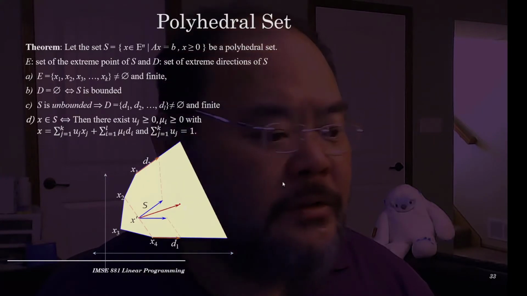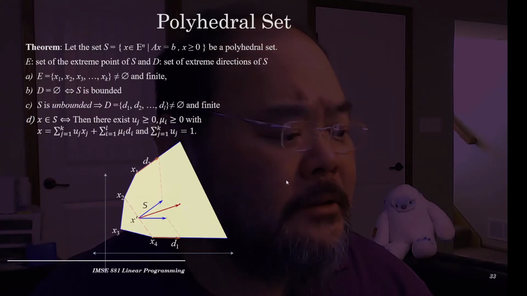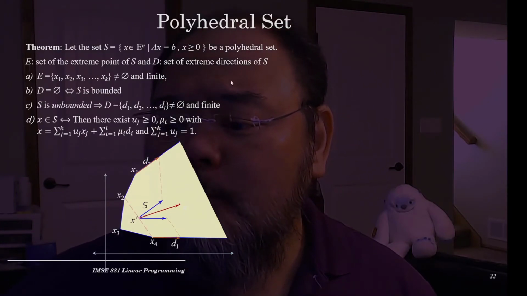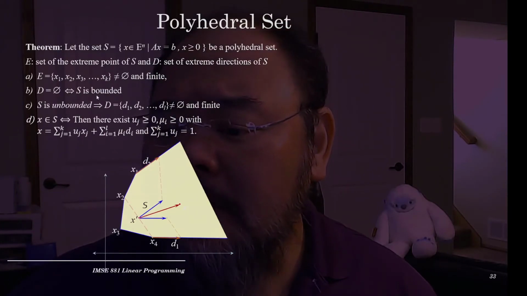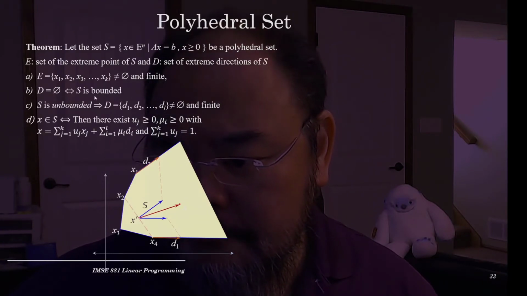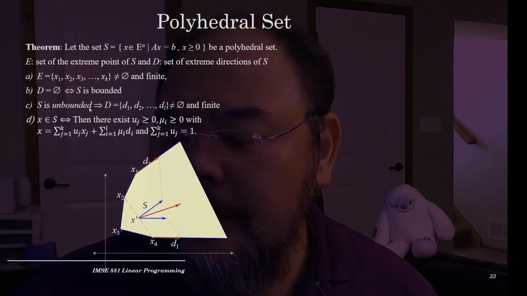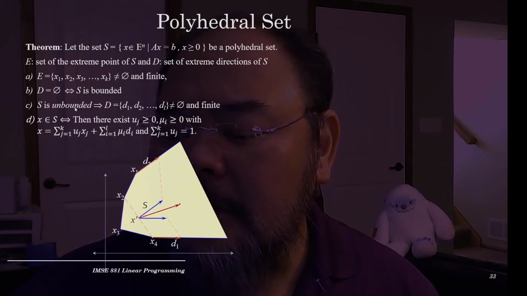All right, so this is the polyhedral set theory, basically saying that it doesn't matter whether the set S is bounded or unbounded, which means whether you have extreme directions or not. If extreme directions exist, meaning this set is not empty, then S is unbounded.